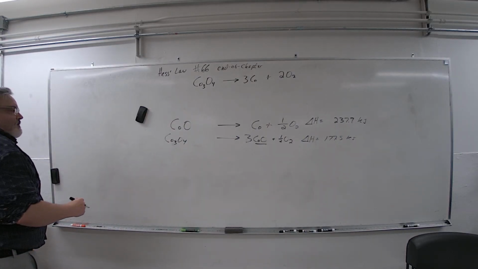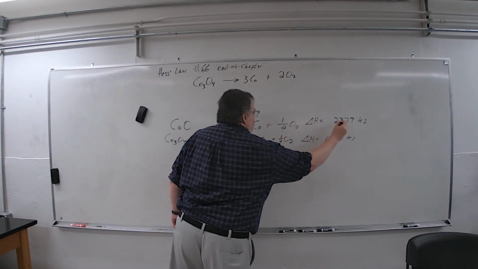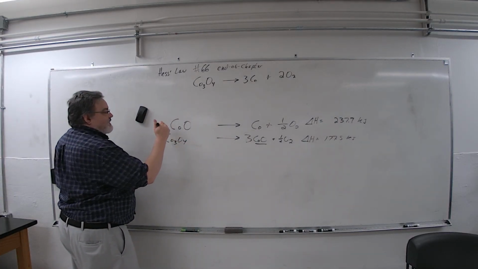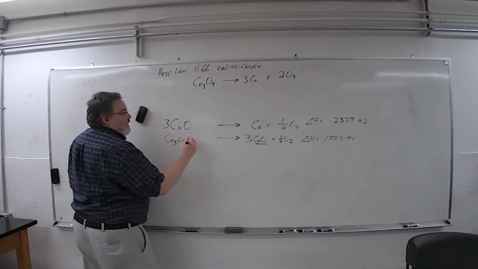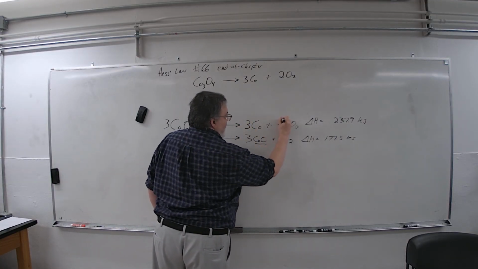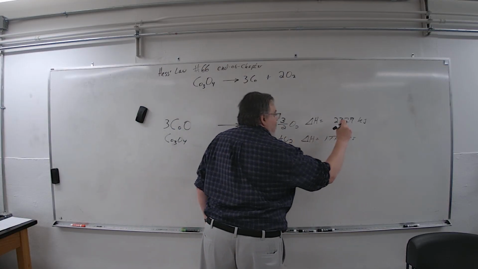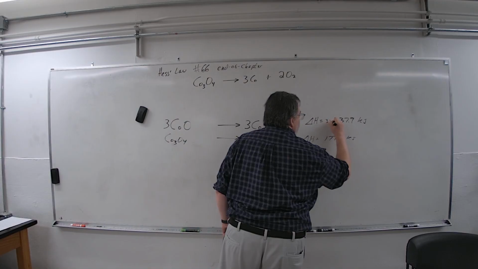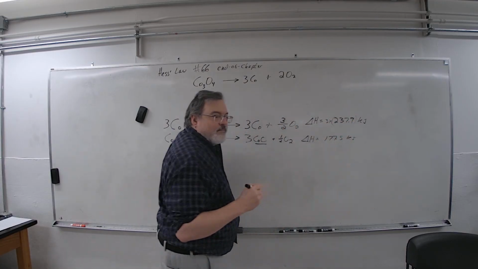So what I'm going to do is multiply through this equation by 3, so I can have 3 here. What I'm saying is this times 3, this times 3, this times 3, which is 3 halves, and then this times 3. See what I mean?